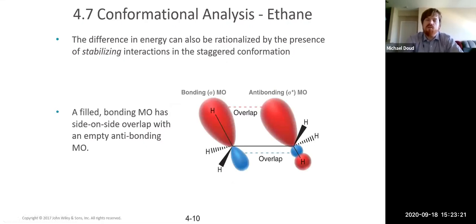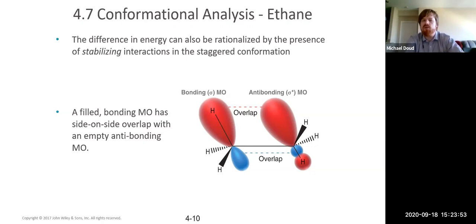Okay, now I don't think this is a totally important slide here, as long as you understand that those are conflicting. There's also some theoretical underpinning where the antibonding sigma molecular orbital can overlap with the bonding molecular orbital of a neighboring bond in the staggered conformation. That could be a reason that you get an extra stabilization for the staggered conformation.